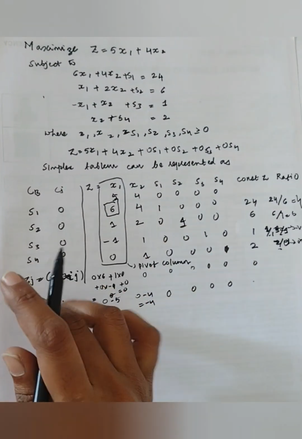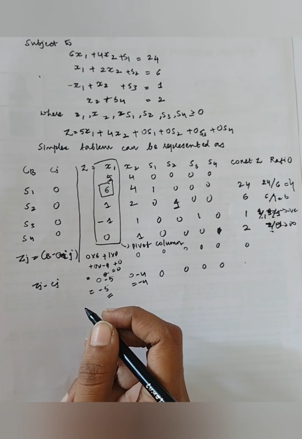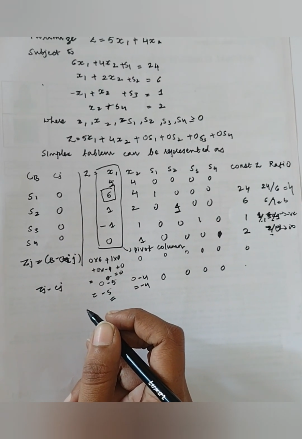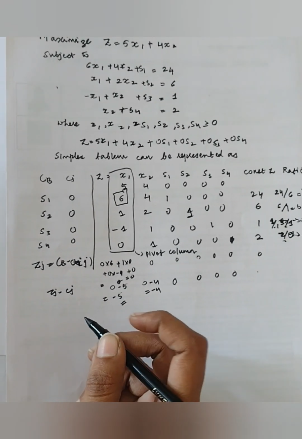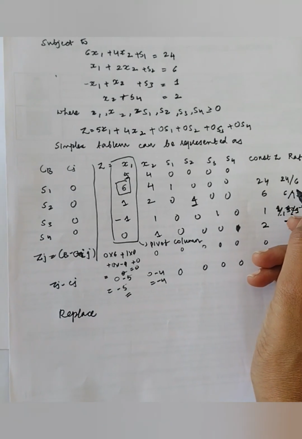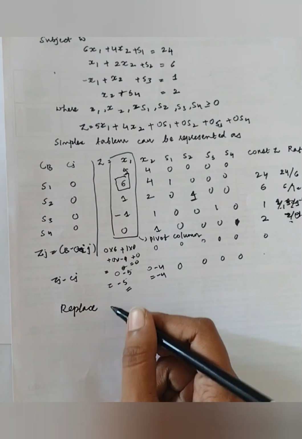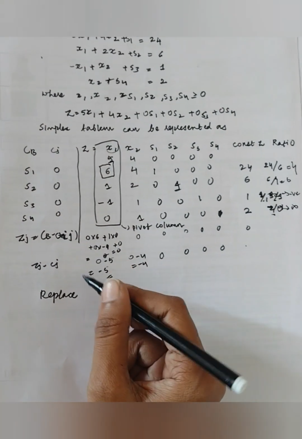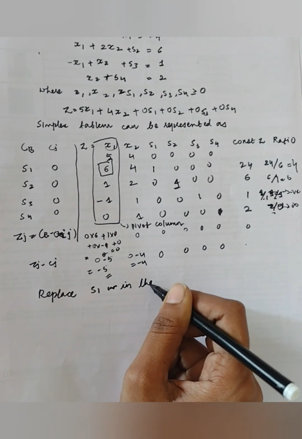Now replace the leaving variable in the basic column with the entering variable. Since row 1 has the minimum ratio, we replace s1 with the x1 variable in the basic column.